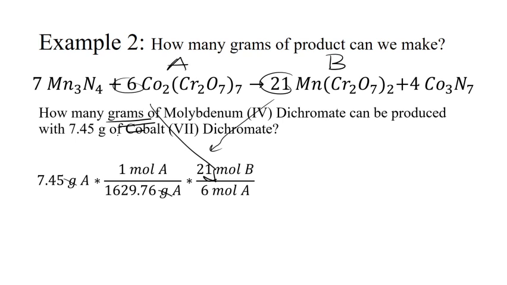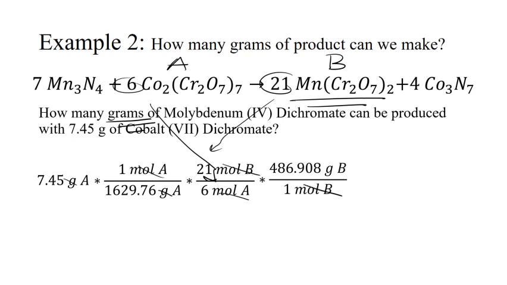So again, we're going to use molecular mass, but this time of our molybdenum dichromate. And we've got 486.908 grams per mole, right? Making sure our moles B cancels out.